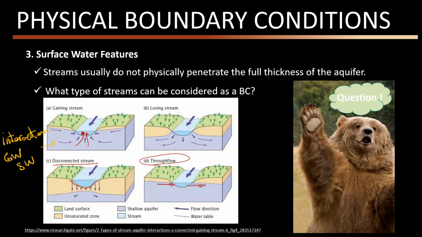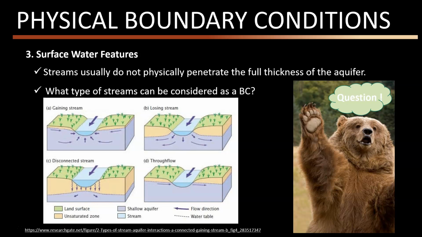But at this point, I want to talk about the first, A and B, boundary conditions. These are 2 types of rivers that we really like as groundwater modelers, and I'm going to talk about the other 2 in the next videos.